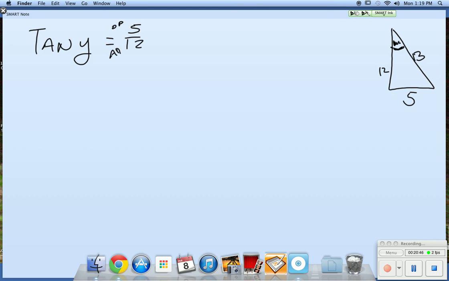Now we take it and we go sine of 2y. And we have to figure it out. What is the double angle for sine?